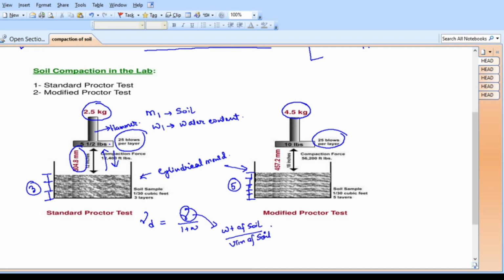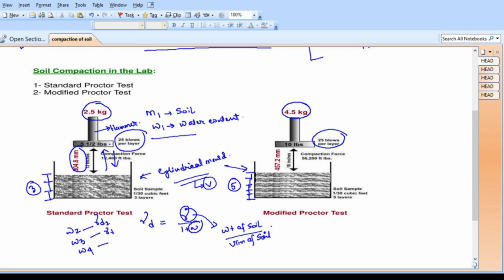Here the volume of the mold, if we know this cylindrical mold's volume, will be the volume of the soil itself. So if we divide the weight of the soil by it, we'll get this gamma value, and gamma will be a constant value for a particular process. Next, in the first case we took water content as W1. In the second case we change the water content to W2. Next we'll take W3, W4, and for every portion we'll find out this gamma D value.